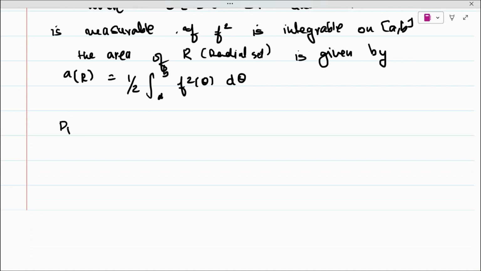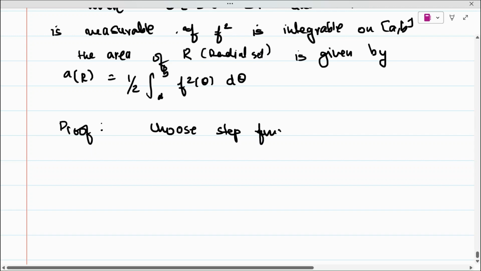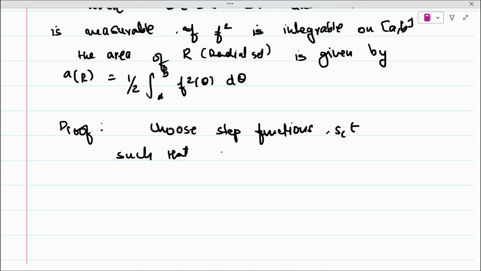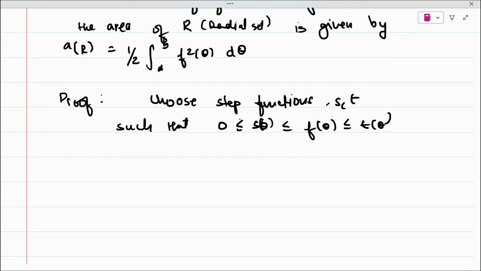So let's prove it. Say we choose two step functions s and t such that s ≤ f ≤ t for all theta in [a, b].